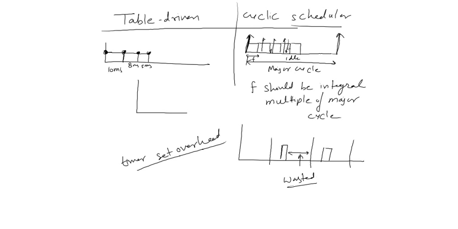In the last class, we covered what the major cycle should be. The major cycle, or hyper period, should be the LCM of all the periods. Suppose you want to execute n tasks in one major cycle.